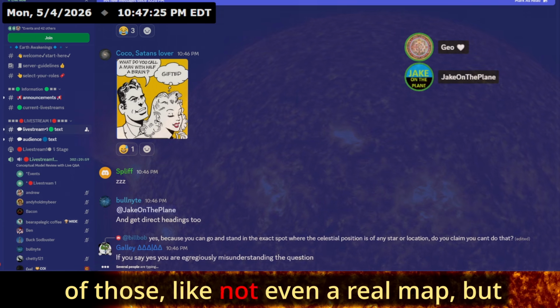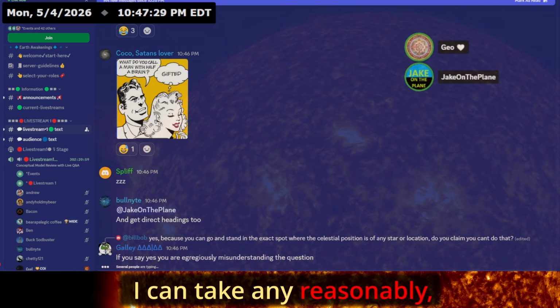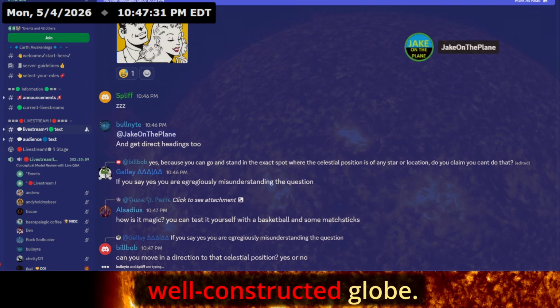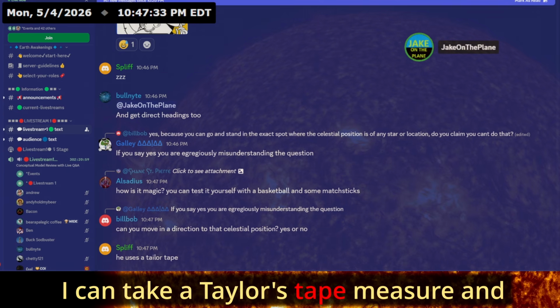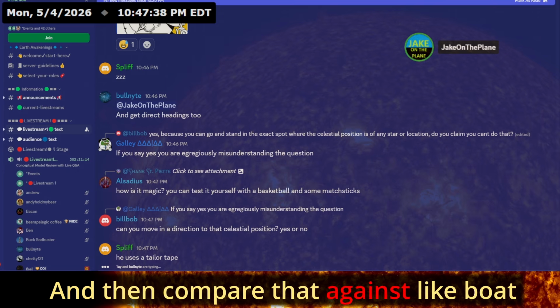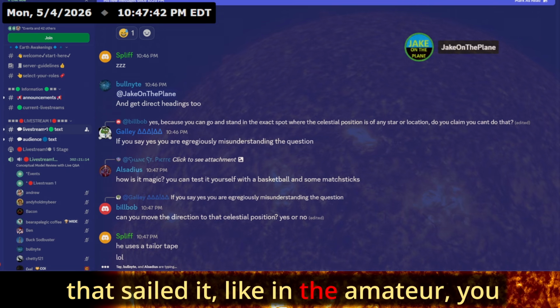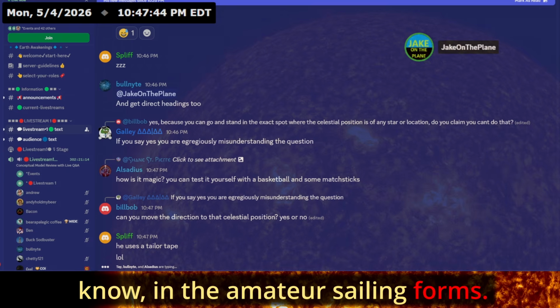Are you talking about one of those, not even a real map, or Google Earth or something? Doesn't matter. You can take any reasonably well constructed globe. I haven't verified these distances, but I can take a tailor's tape measure and measure the distances between them, and then compare that against boat transit times. Look for vlogs of people that sailed it, in the amateur sailing forums.